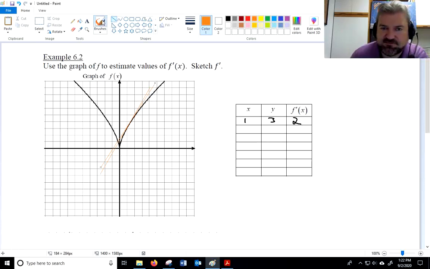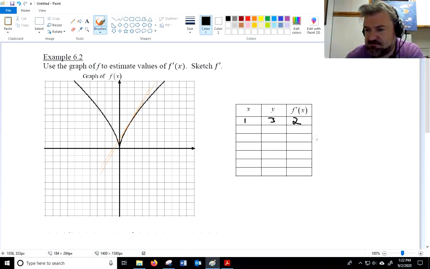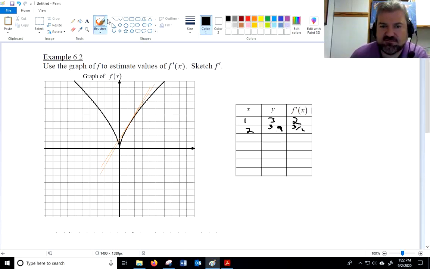So definitely a little flatter, but not much. So derivative is 3 over 2 at x equals 2. And my y value was like 1, 2, 3, 4. I don't know. Let's say 3.9. Or if you want to put 4, that's fine. We can just round it.